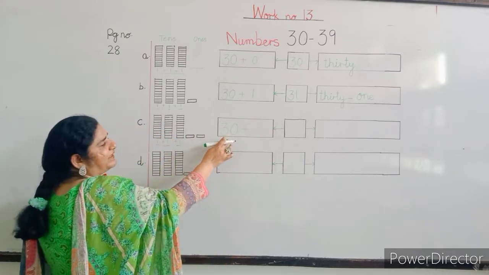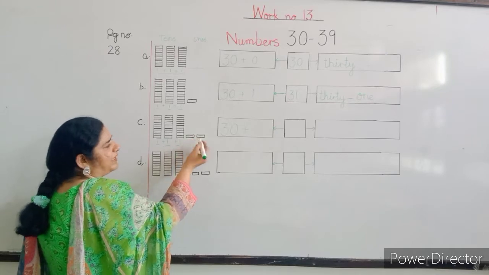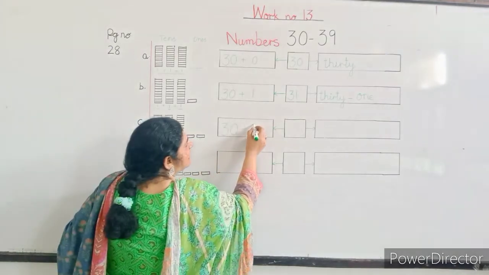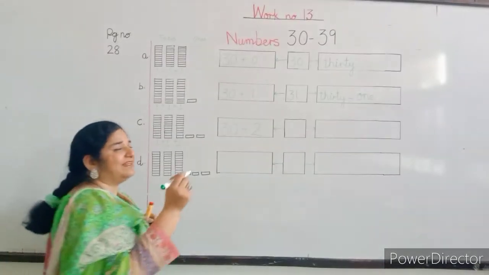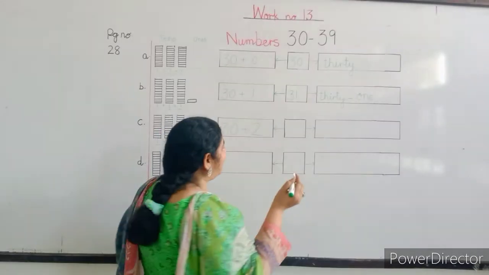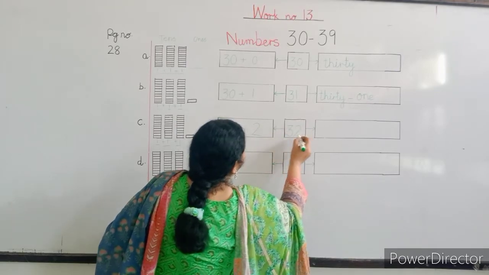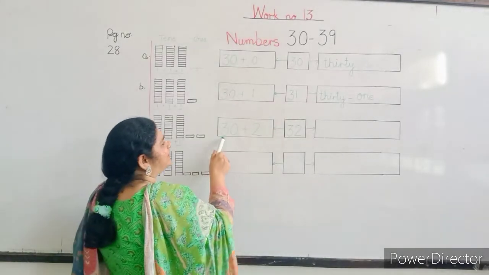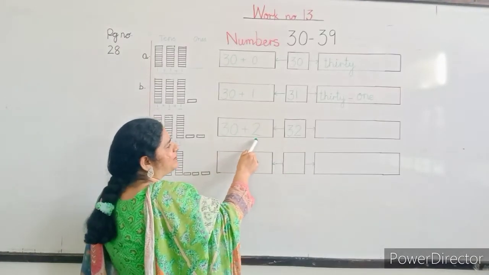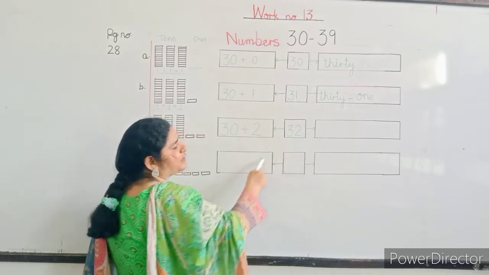And how many ones are here? 2 ones. 3 tens and 2 ones will make, very good, what will make? 32. 3 tens is 30 plus 2 ones. 3 tens and 2 ones is 32.